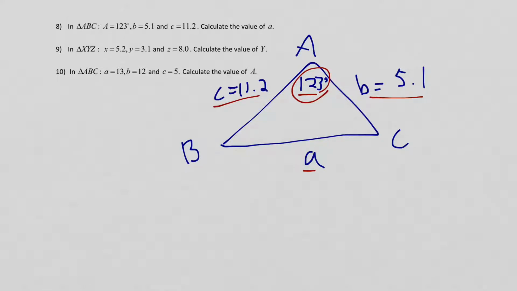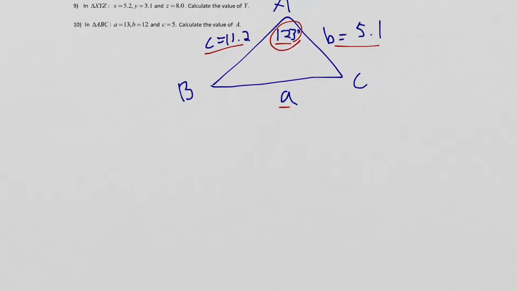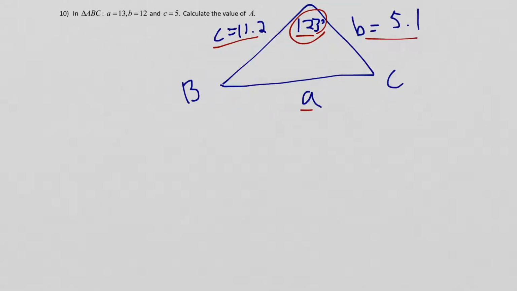And that tells us that we're allowed to use cosine law. The version of cosine law that we use for that, as you'll see in your package, is c squared is equal to a squared plus b squared minus 2ab cosine C.